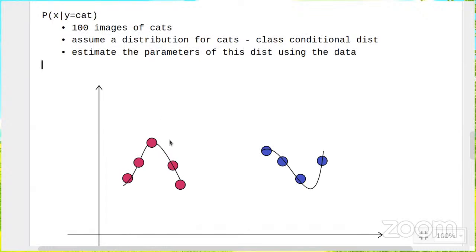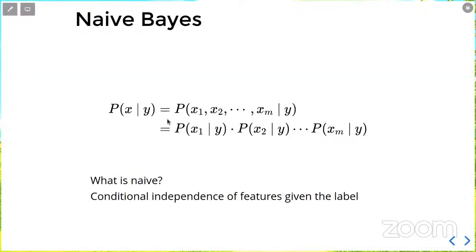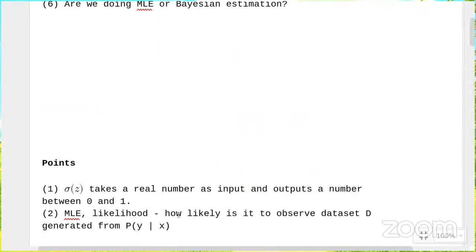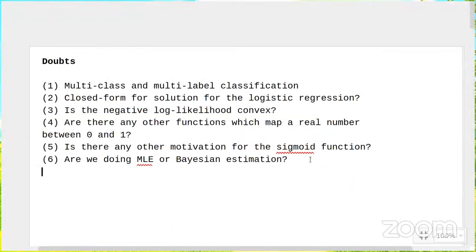If you want an example of where they are independent, typically it doesn't happen, but we still go on and use naive Bayes. That's the good part about naive Bayes, is that even though this assumption doesn't hold in practice, we still go ahead and use it. Okay, but I'll take that as a question.